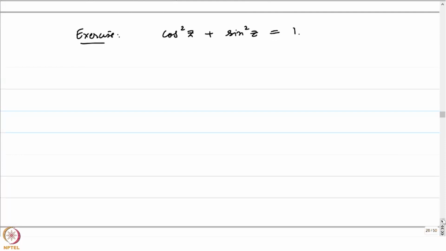Along the same lines as trigonometric functions, one could also define the hyperbolic trigonometric functions. Let me just define them directly.